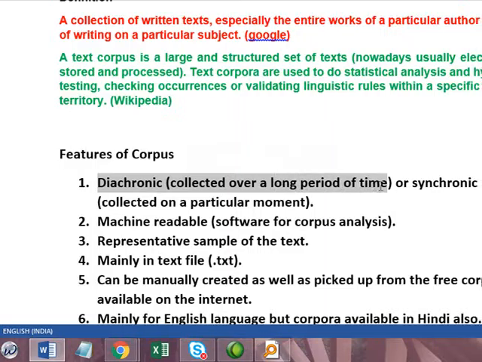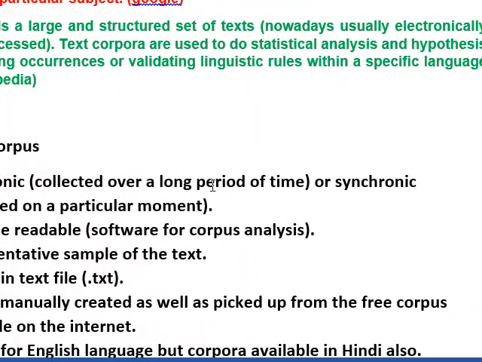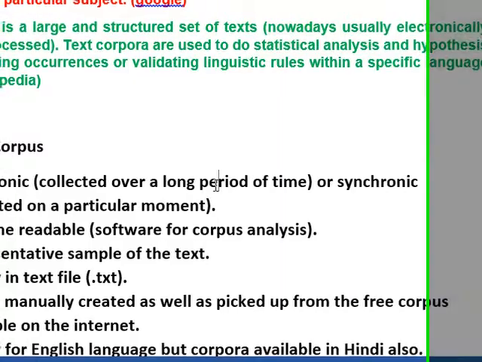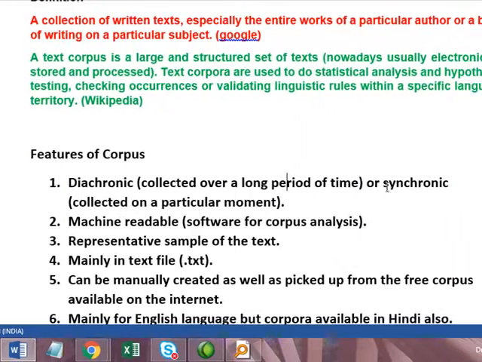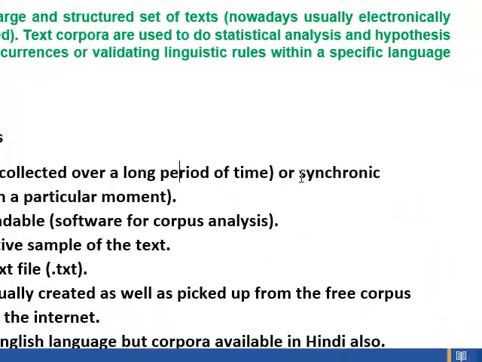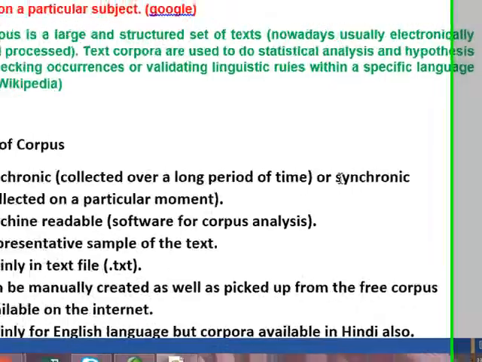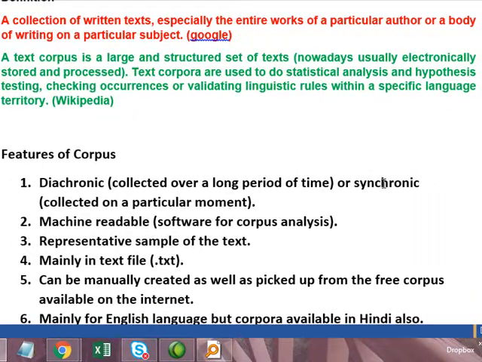Like English people, they have collected the corpus for the last 200 years, different texts which were spoken or written in the English language. So that is a diachronic corpus. But if you collect the text for a limited period of time, like we just did for net neutrality, then it is a synchronic corpus.